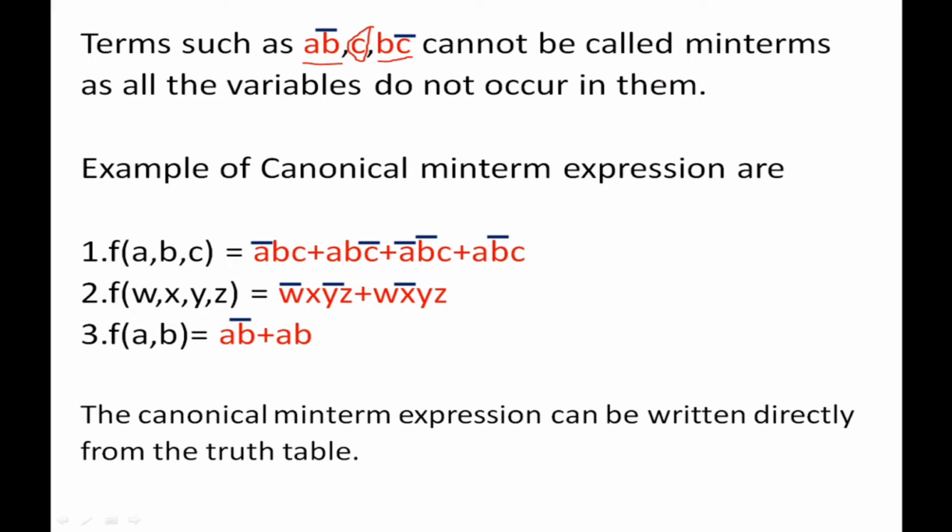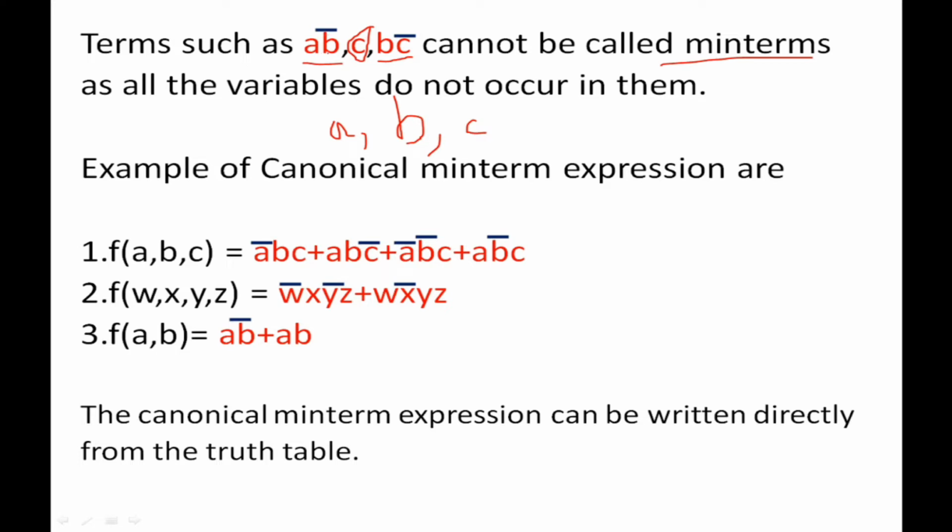The reason is that all the variables, that is a, b and c, should appear in a product term. If any variable is not present in a given product term, we cannot call it a min term. In the term a, b bar, the variable c is missing.